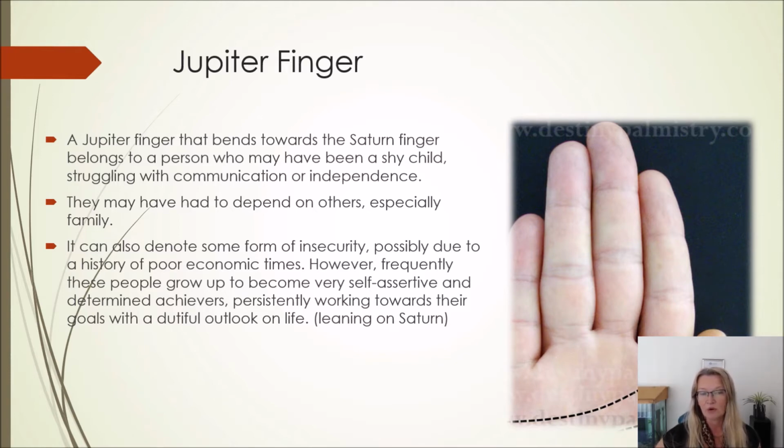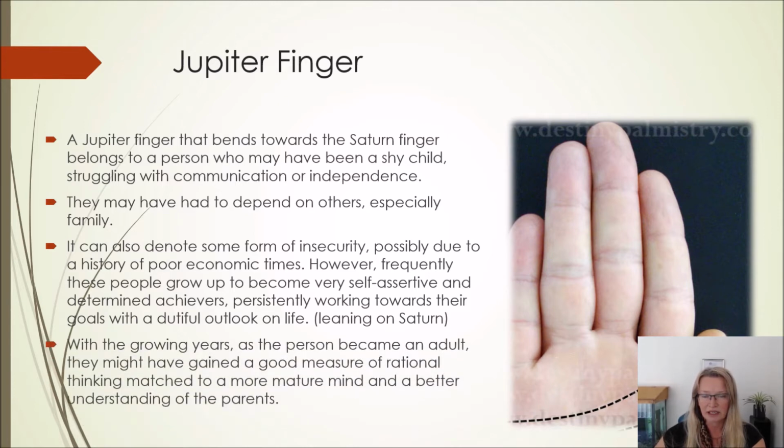So they can be quite determined achievers. They can persistently work towards their goals and have a very dutiful outlook on life. So they have a duty. If they're a mother, they have a duty to being a mother. If they are in their career, they feel the duty to do their career well.